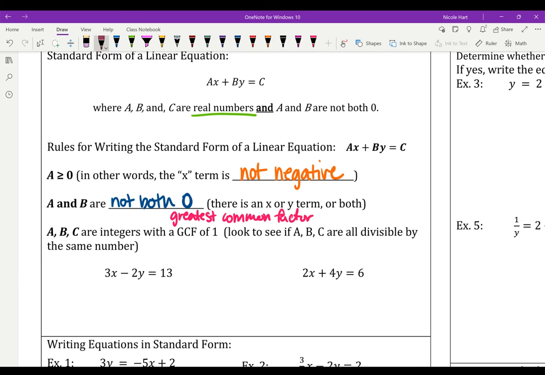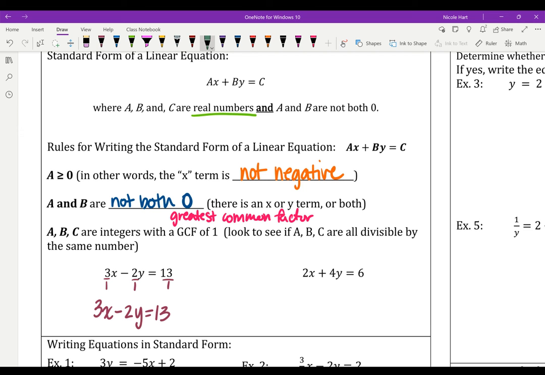That is in standard form of ax plus by equals c. And 3, 2, and 13 don't have any numbers that you could divide them all by and come out with another whole number except for 1. So if you divide everything by 1, it doesn't change anything, and we have 3x minus 2y equals 13.